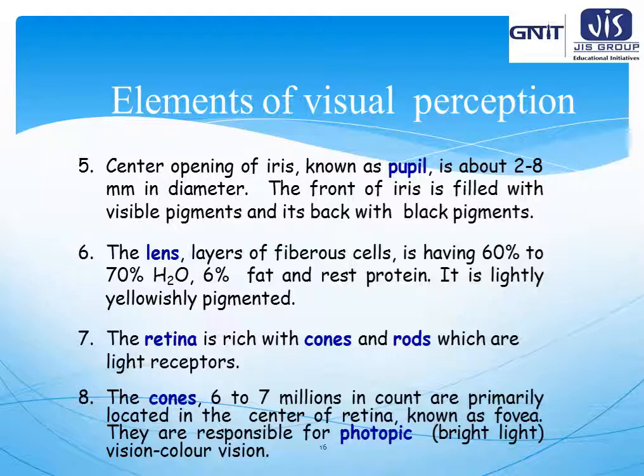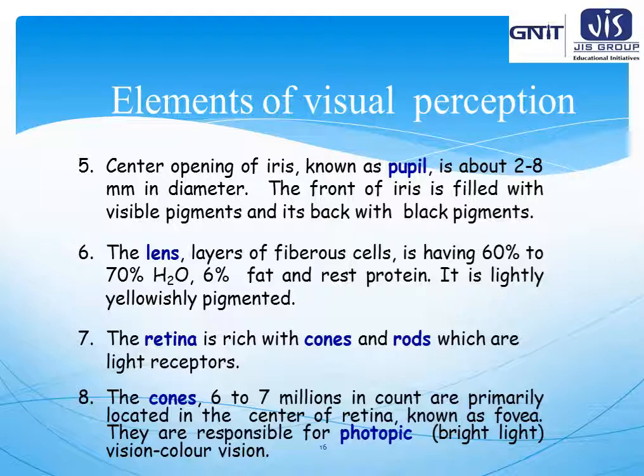The front of the iris is filled with visible pigments and its back with black pigments. The lens, layers of fibrous cells, has 60% to 70% water, 6% fat, and the rest protein. It is highly yellowish pigmented.